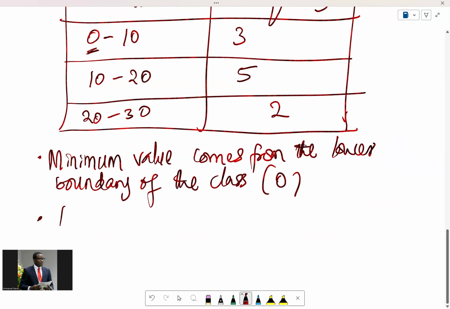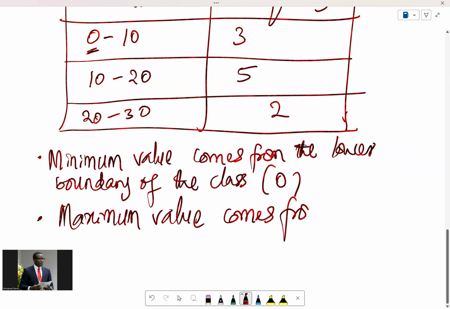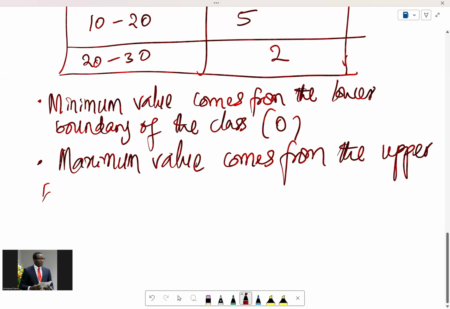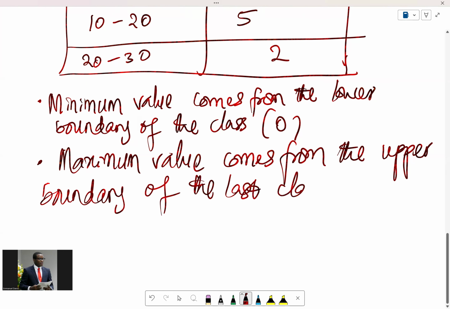And then on the other hand, the maximum value comes from the upper boundary of the last class. So the last class here, you have 20 to 30, and 30 is the biggest there.